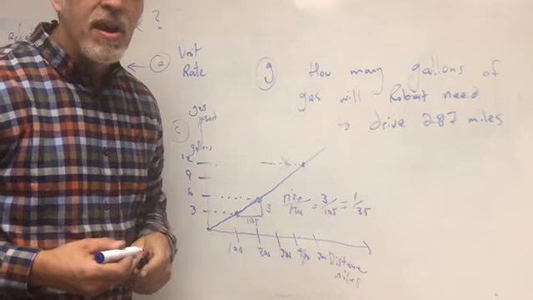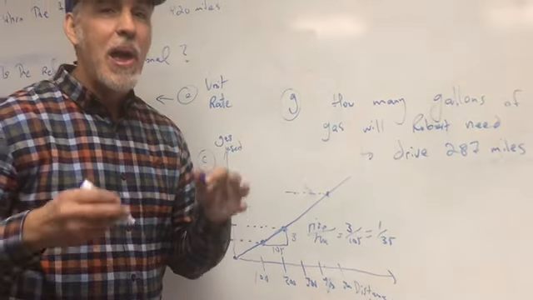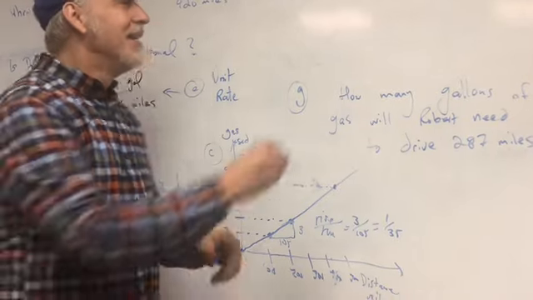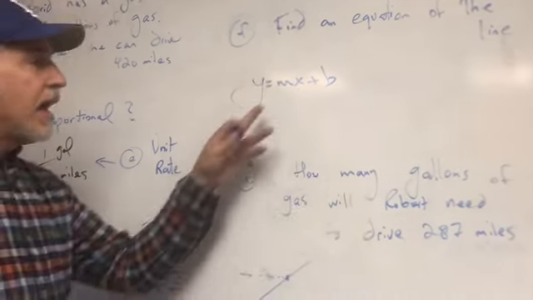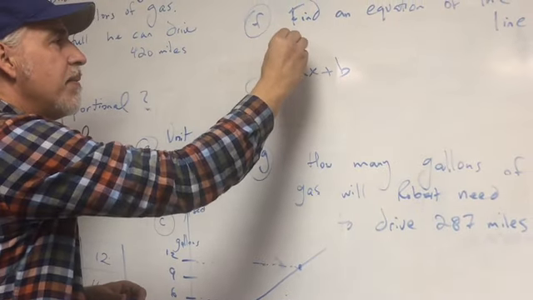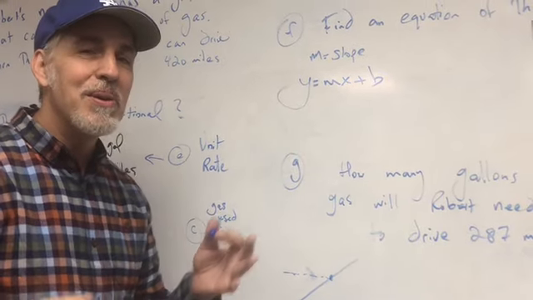Now, let's see how we can use that in the equation of the line. The equation of the line is based on our good old friend, y equals mx plus b, right? M is the slope. Remember this, everybody? You've done this before. Why M? Nobody really knows.